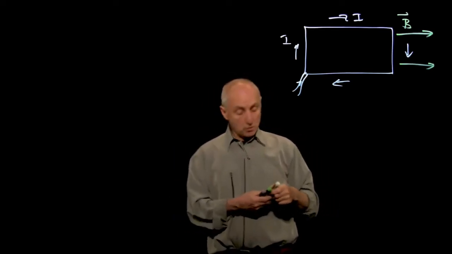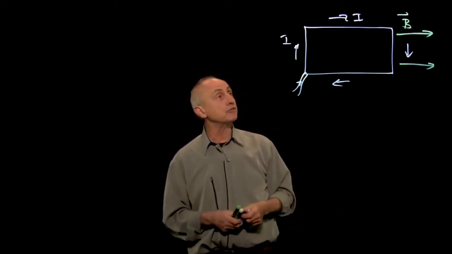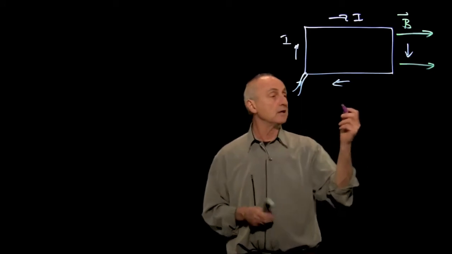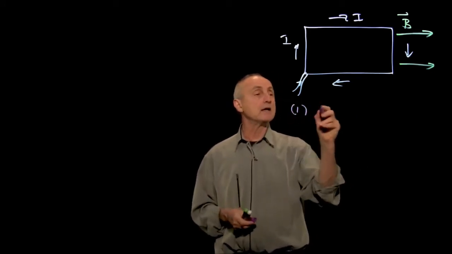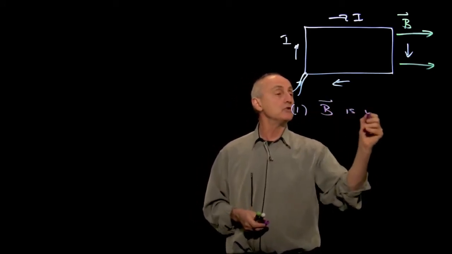And now, when we begin to make the analysis, we've already studied that the example we're going to look at is B is uniform.